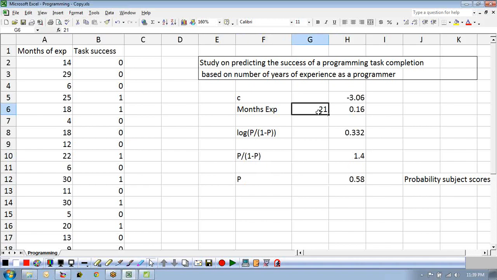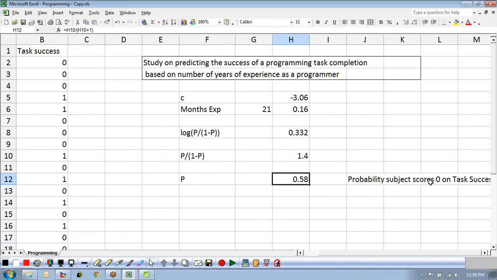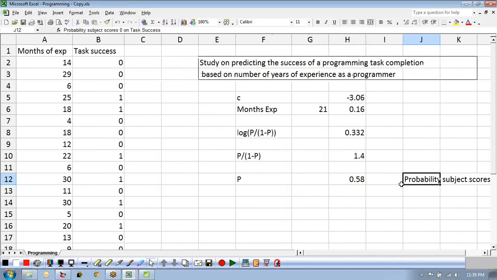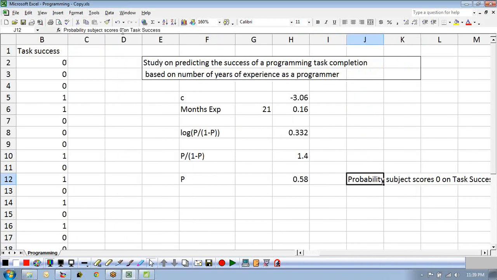So this says with 21 months, I have a 58% probability that a subject scores a 1 on this. I've got that written incorrectly. This should be a 1 on task success. Okay, and if I do 25 months, 73% chance. If I do 22 months, 62% chance. If I do 1 month, 5% chance. 2 months, 6%. Okay, so you get that basically.